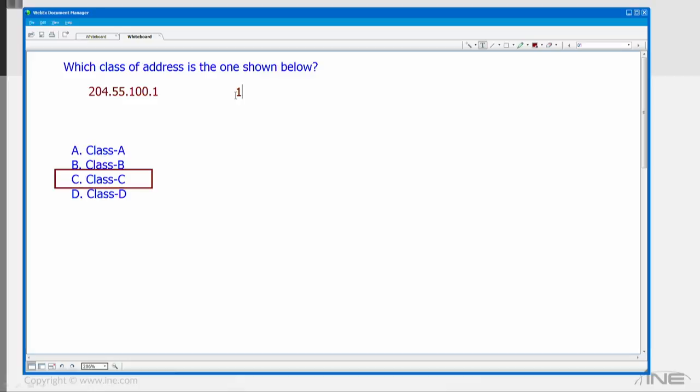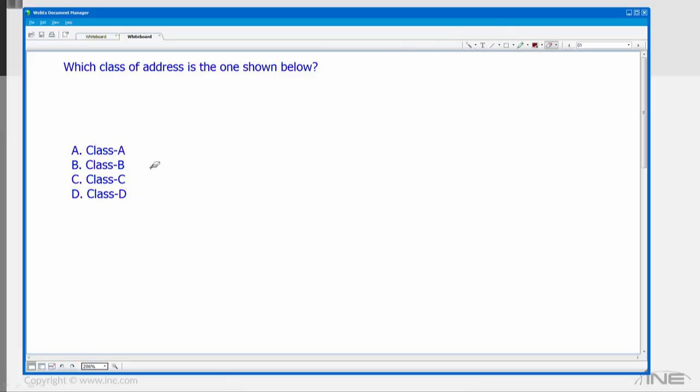Well, 128 plus 64 is 192, so yes, the 64-bit is on. Is the 32-bit on? Well, 192 plus 32 would be 224, so the 32-bit is off, and I'm done. If it starts with 110 in binary, that is a Class C address.